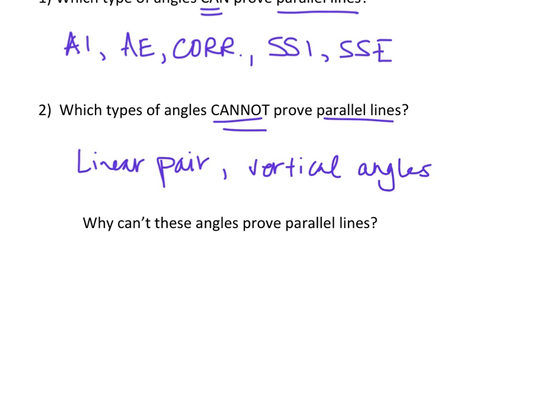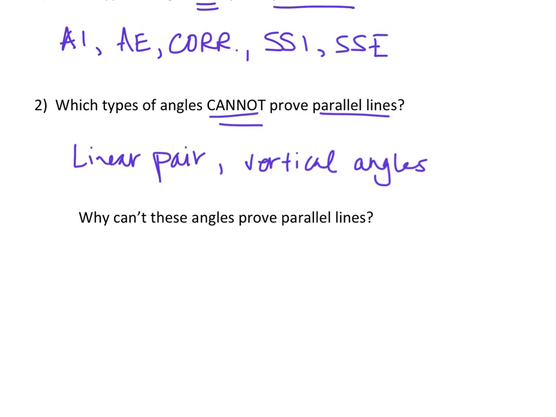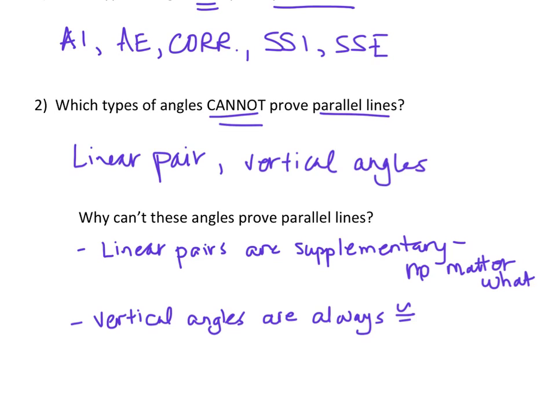And these can't be used to prove that you have parallel lines because linear pairs are supplementary no matter what. And what that means is, let's say you have 2 lines that are not parallel with a transversal cutting through, your linear pairs will still be supplementary.